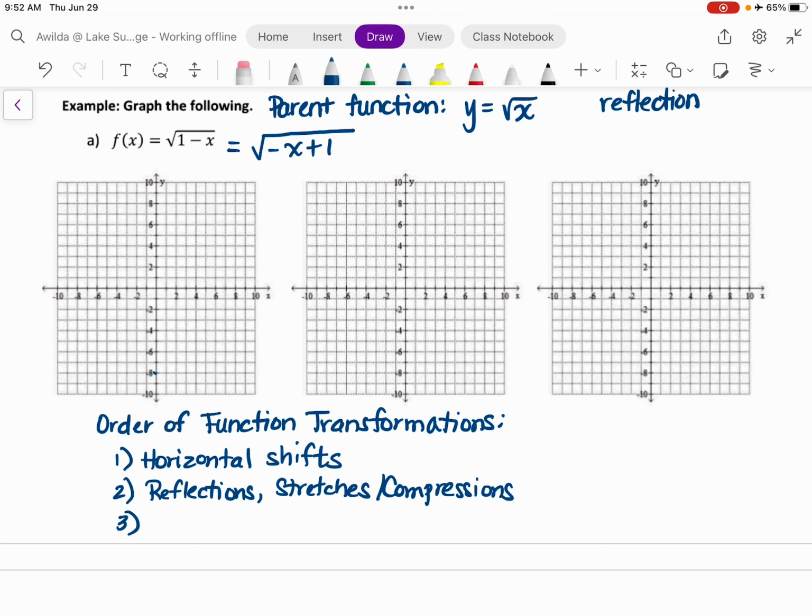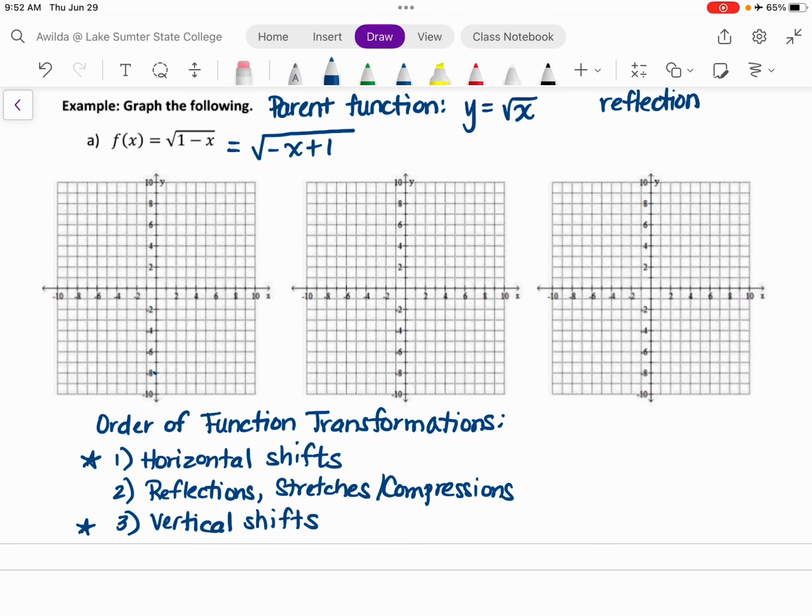And last, if there are any vertical shifts, those have to happen last. So the really important ones are if you have horizontal shifting or translations, that has to happen before anything else. And if you have any vertical shifts or translations, those have to happen at the very end after everything else is done. The reflections and the stretches and compressions all can happen in any order in between.